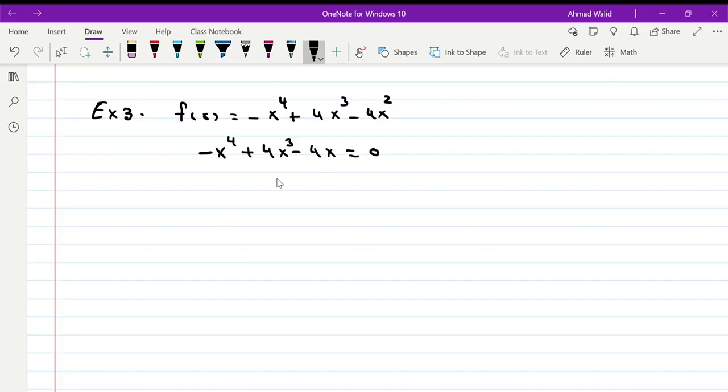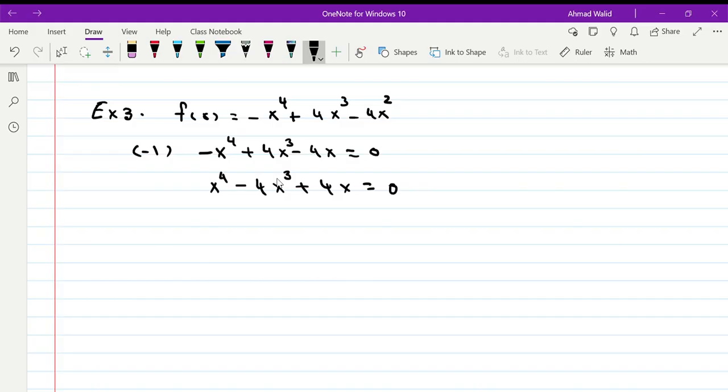To make my life easy, because I have equal to 0, I will multiply my equation by negative 1, which gives me x to the power of 4 minus 4x cubed plus 4x squared equals negative 1 times 0, which again gives you 0.